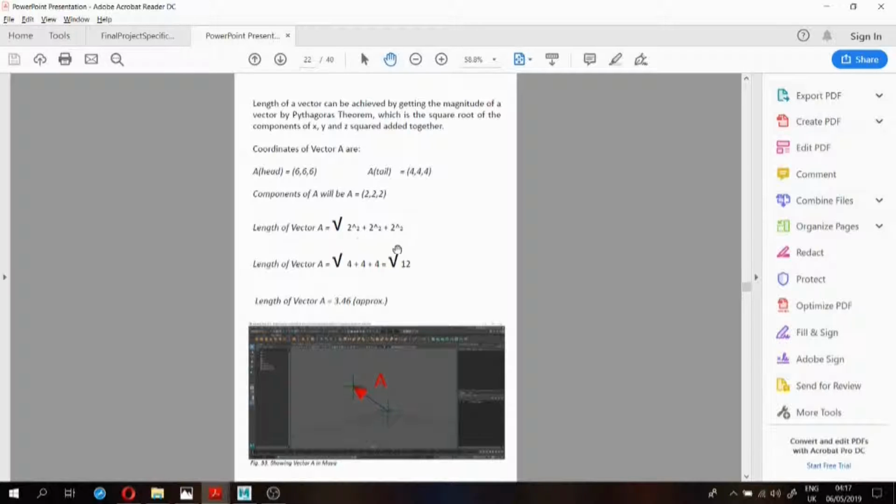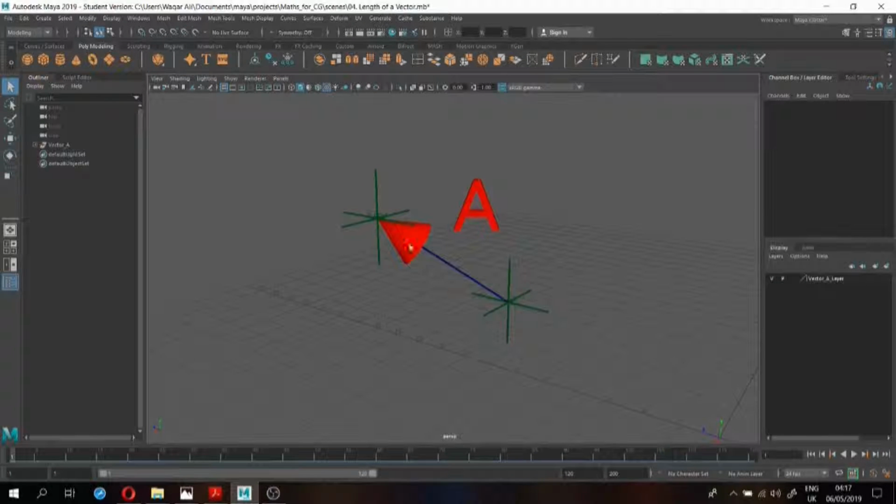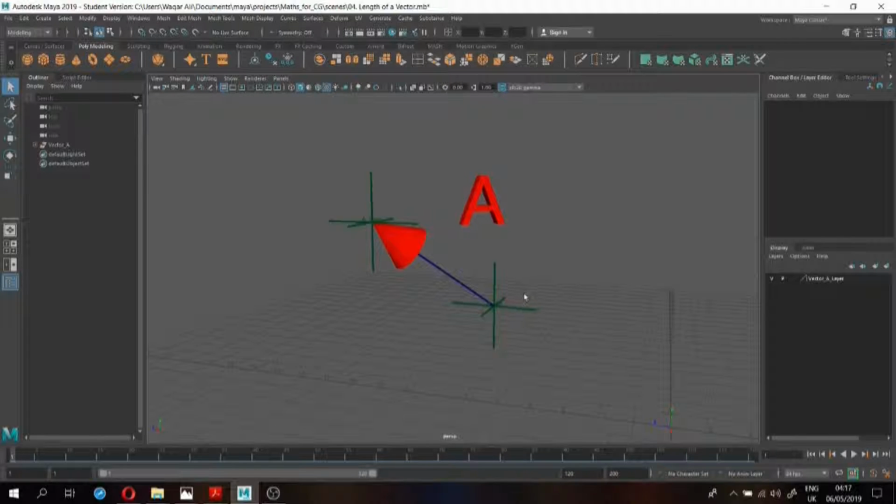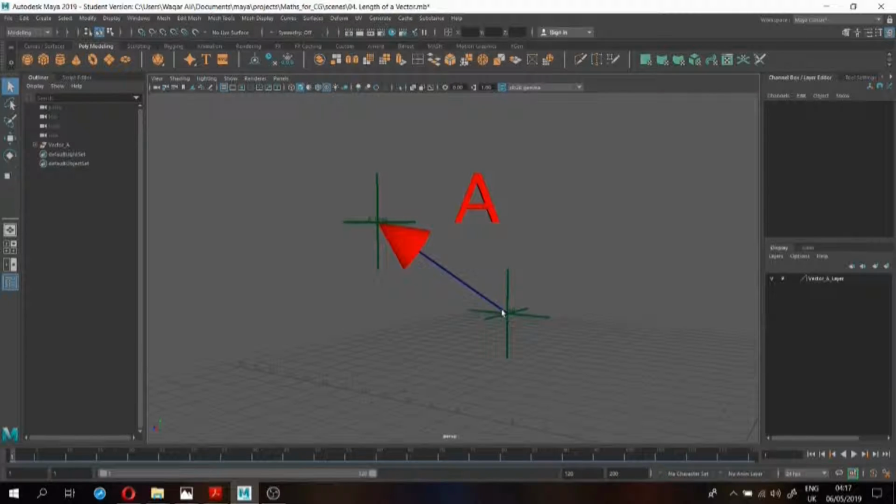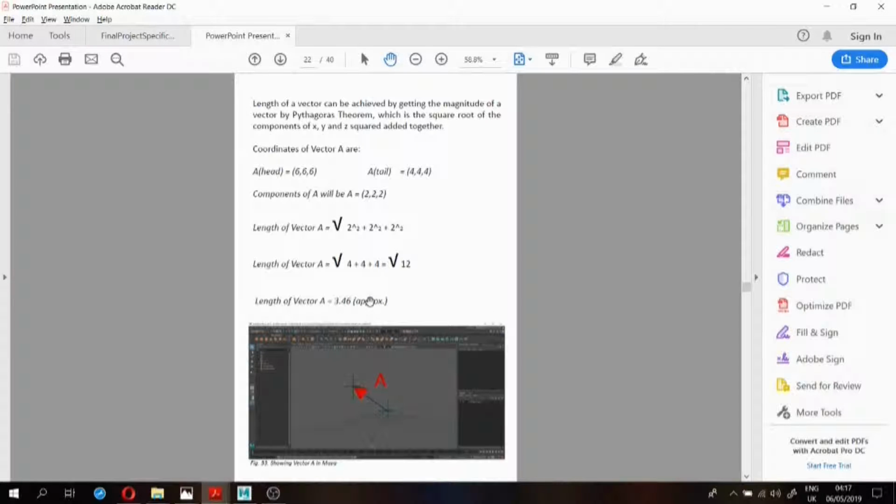So the total length of the vector will be the square root of 12, which is 3.46. As you can see here, that's the head, which is 6, 6, 6, and this is the tail, 4, 4, 4. When you get the magnitude of this vector, which is defined as the length of a vector, in this case it will be 3.46.